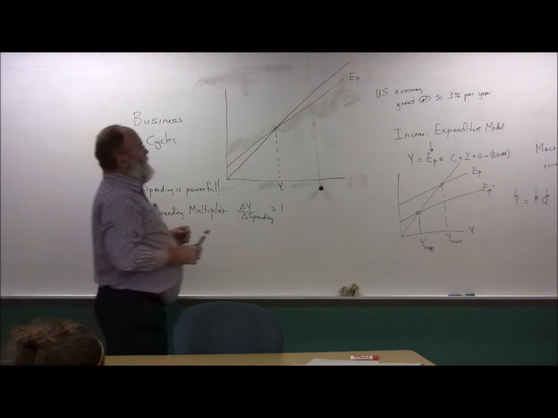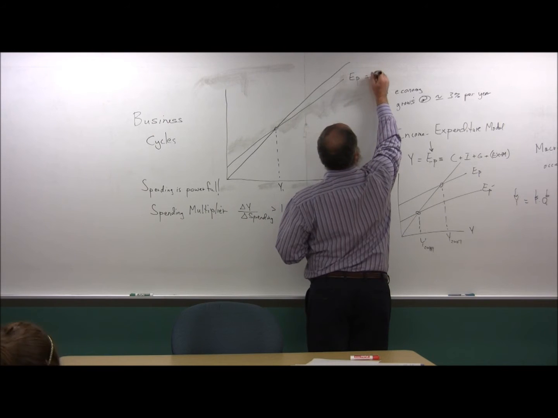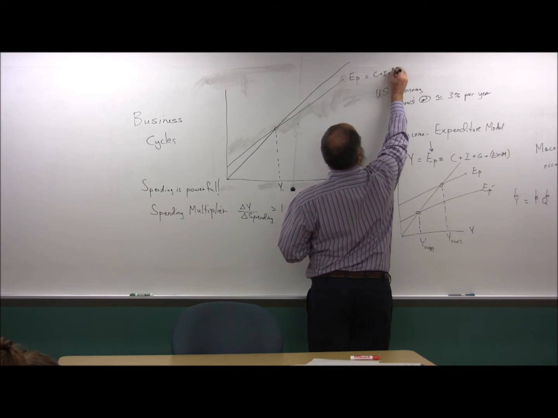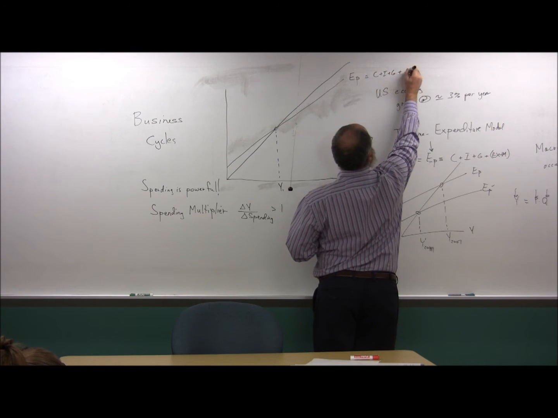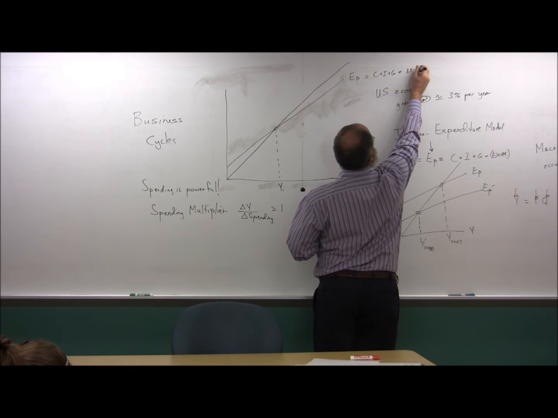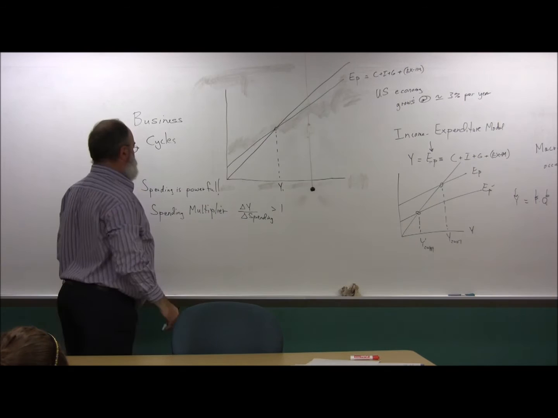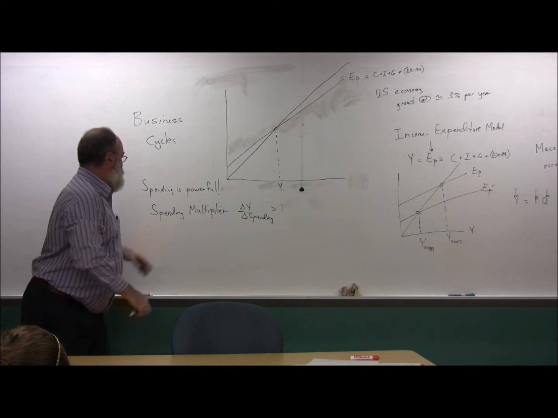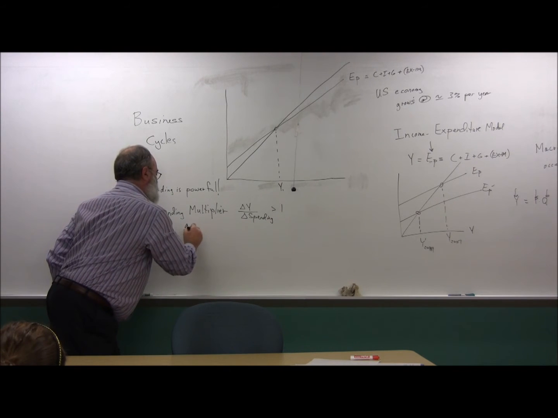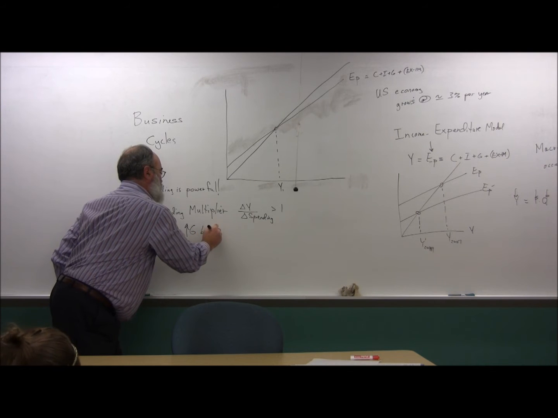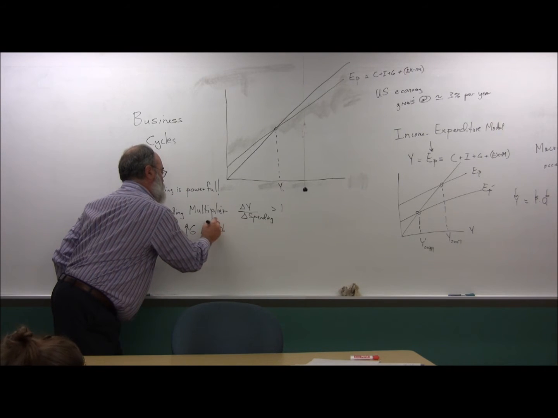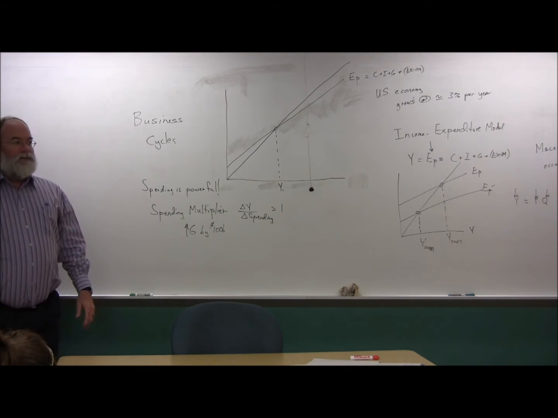Okay. EP is C plus I plus G plus net exports. Okay. Now, government spends $100 billion more. All right?